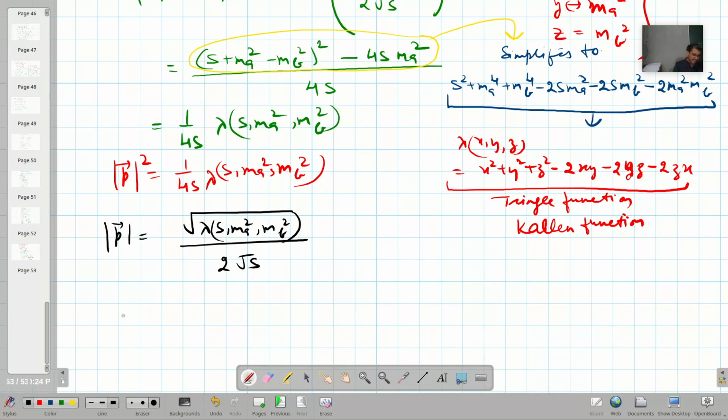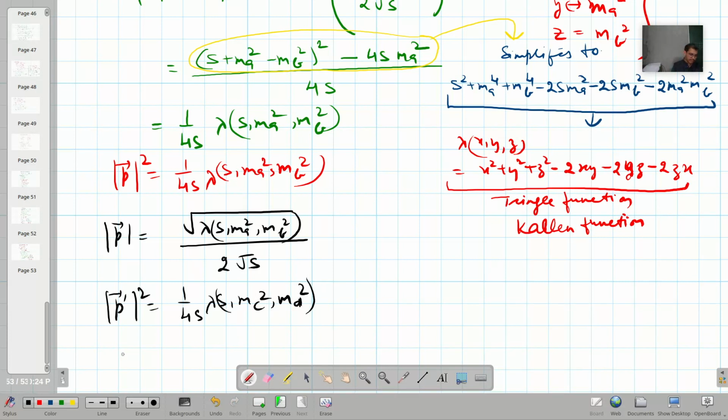Similarly, I can write down p prime mod square is equal to 1 by 4s lambda (s, mc square, md square), right?